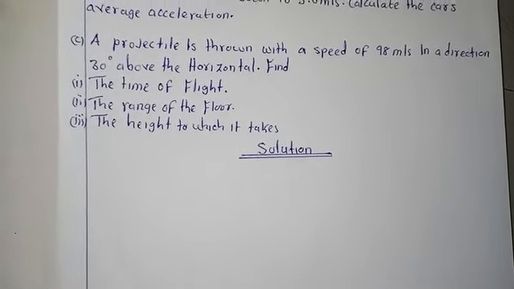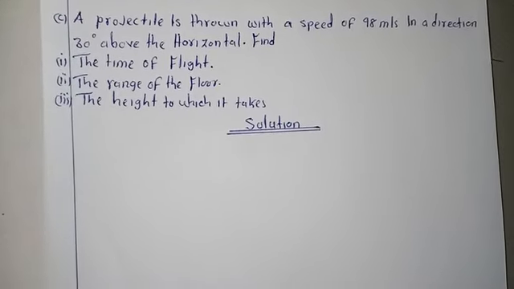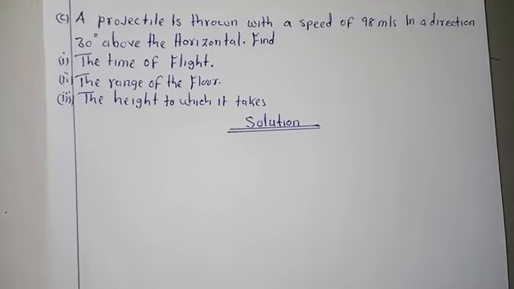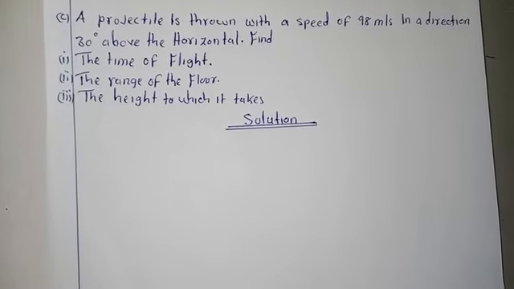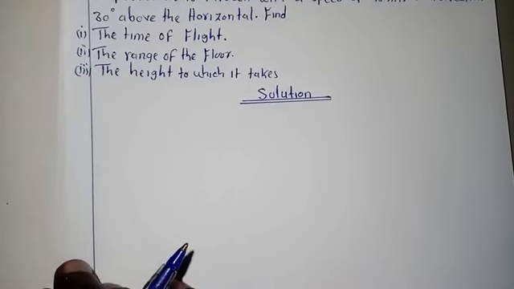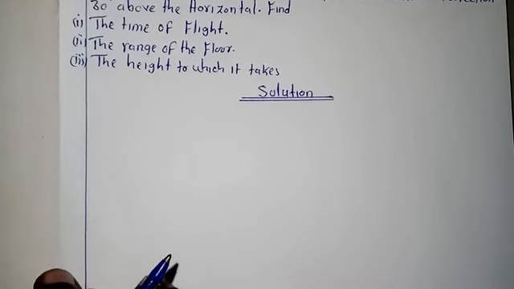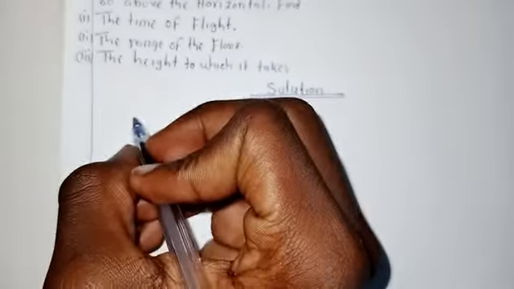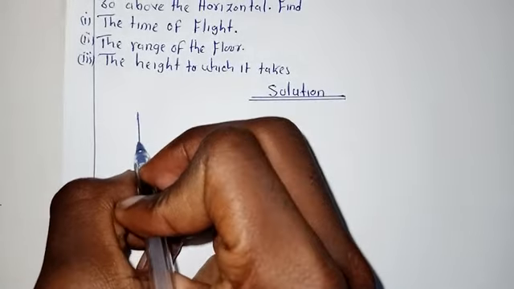So for this question, they're saying a projectile is thrown with a speed of 98 meters in a direction 30 degrees above the horizontal. The best way to solve this question, first of all, is to come up with some diagram. Okay, we're going to imagine a diagram. So I'm going to draw a diagram of this kind.